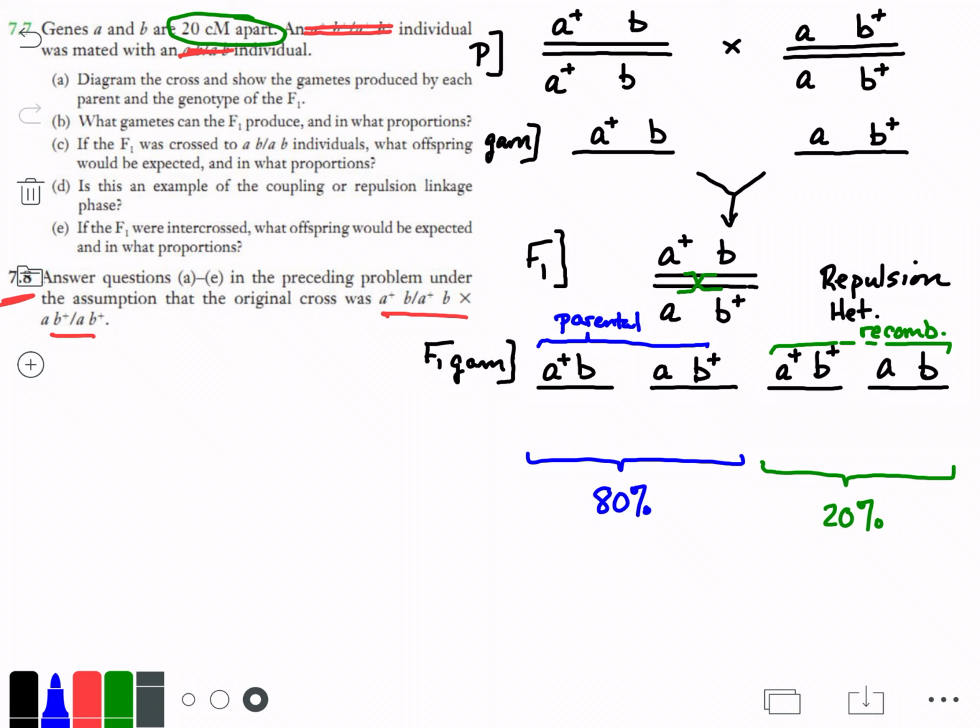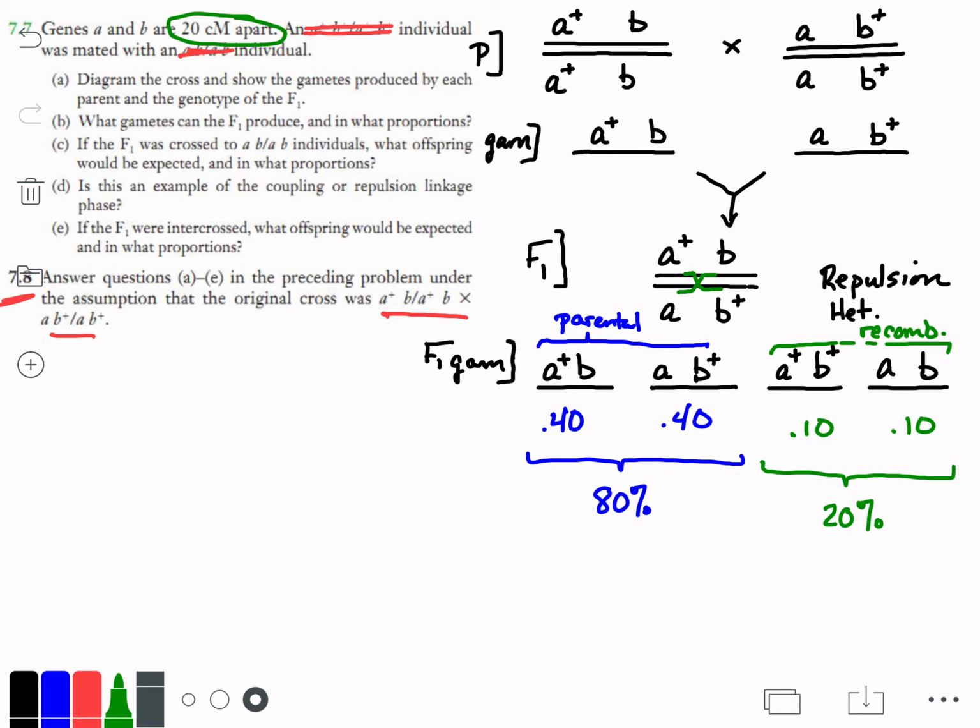And since the two different parental chromosomes come from the same meiosis event, they have to be equal. And the same thing for the recombination event. I expressed those in decimals because we're going to end up multiplying them together later, and it's helpful to have decimals. Okay.